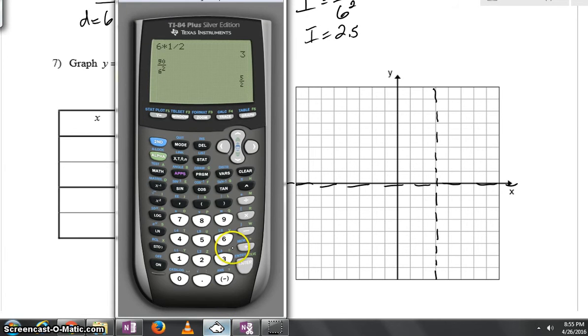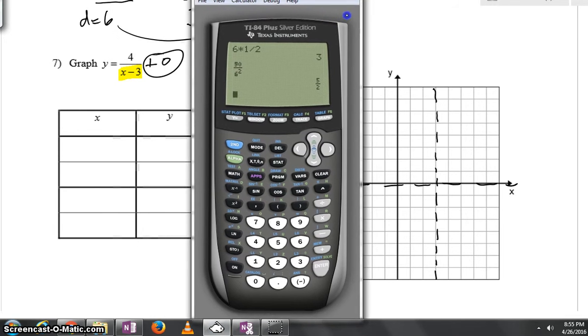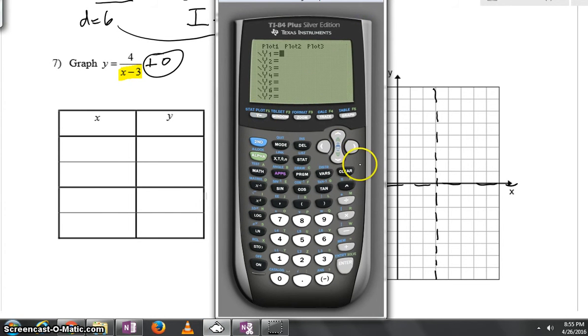The calculator is going to come to your rescue right now. We can go to y equals, and without too much work, we can get a fraction, alpha y equals, and type in 4 all over x minus 3. I'm going to hit the right arrow. It is not necessary to say +0.